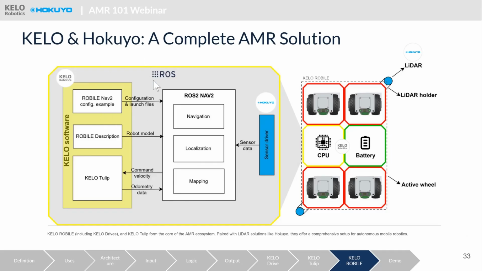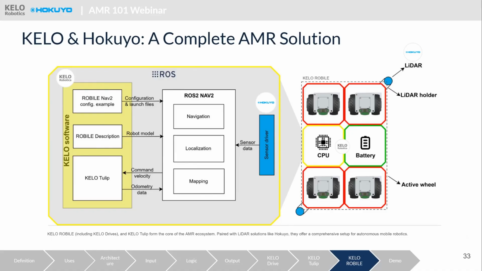We have software from ROS, which is available, the Hokuyo software that provides you with the sensor driver, and also KELO software, with a couple of examples for the navigation. Leonardo is going to take 1 example and modify it for this configuration that we have. So, Leo, you can take over.